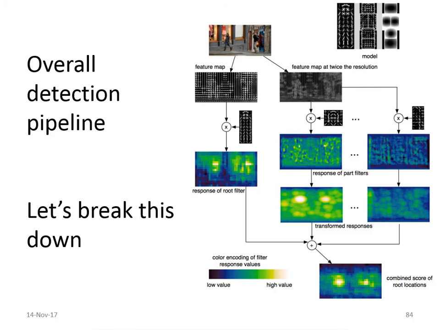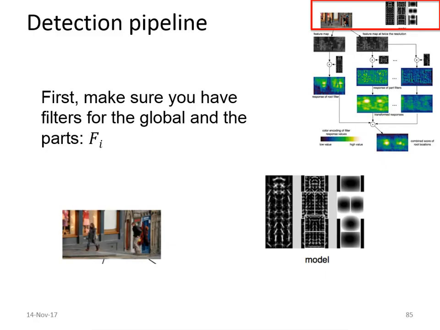And this is the overall pipeline here. Maybe we can get into more detail. You have an image coming in where you compute the HOG features for the entire image.